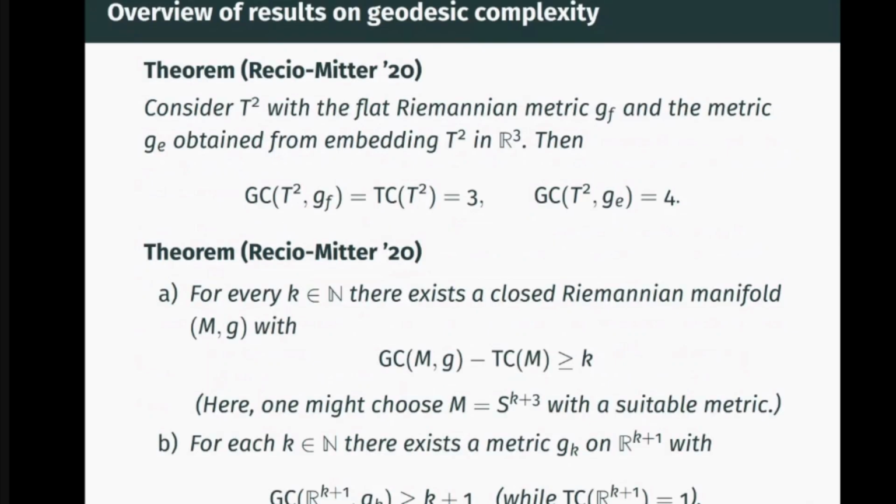I have a small question. These constructions seem to rely on the fact that you choose a very high-dimensional Riemannian manifold. Does it scale in dimension? So for low dimensions, would the difference still be very small? I don't recall.